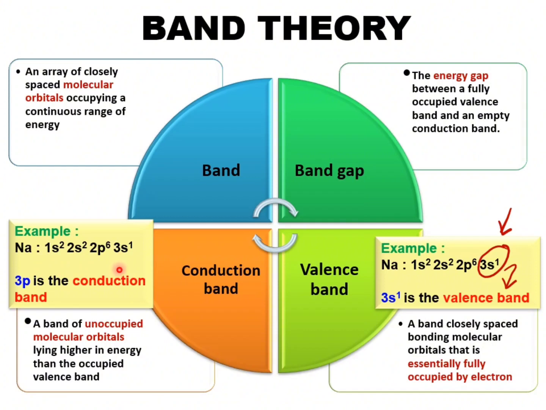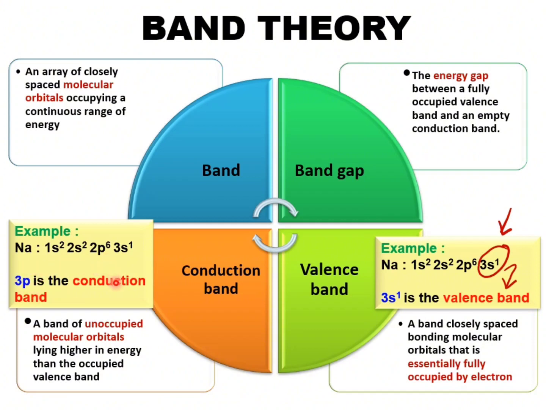Means atas selepas 3s kita tahu kita akan jumpa orbital 3p. So 3p dalam sodium metal dia adalah orbital yang kosong. Nampak tak? Okay, so energi selepas valence orbital adalah conduction band. So itu yang dipanggil conduction band.